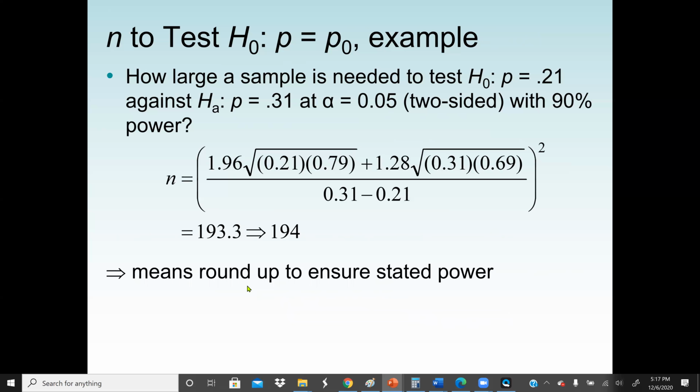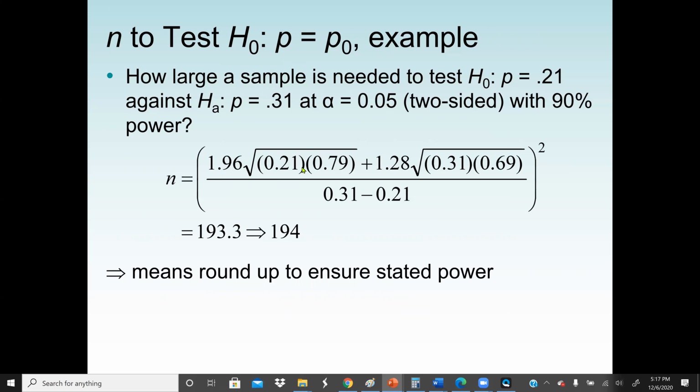So the same example we are using, we know P to be 0.21 for H0, and HA is P is 0.31. Alpha is 0.05, and we have 90% power. And it's two-sided. So we plug in the values, N will give me 1.96. Why 1.96? Because we are using alpha 0.05, so Z 1 minus alpha over 2 is 1.96.